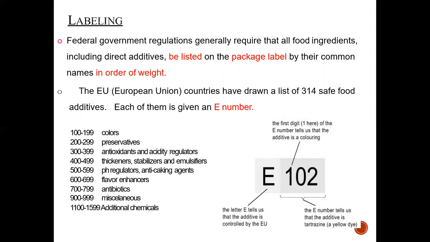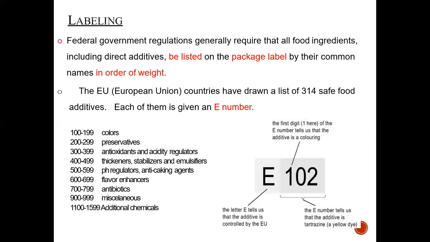There is a 3-digit number, like E102. The first digit tells us the type of additive: 100 to 199 is colors, and 200 to 299 is preservatives. So different types of additives have different E numbers.